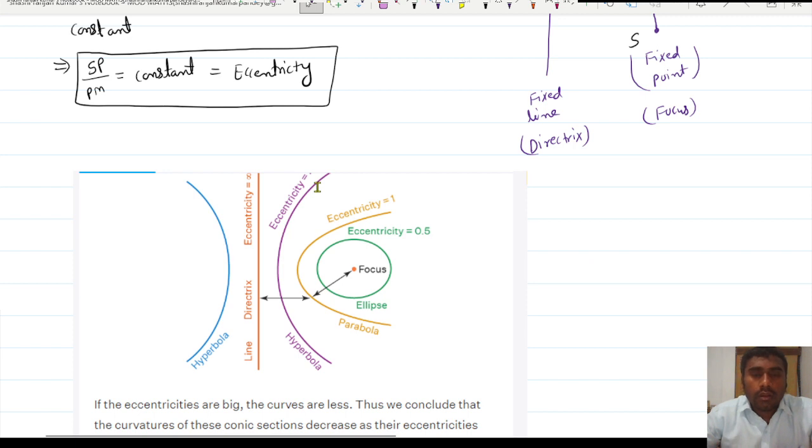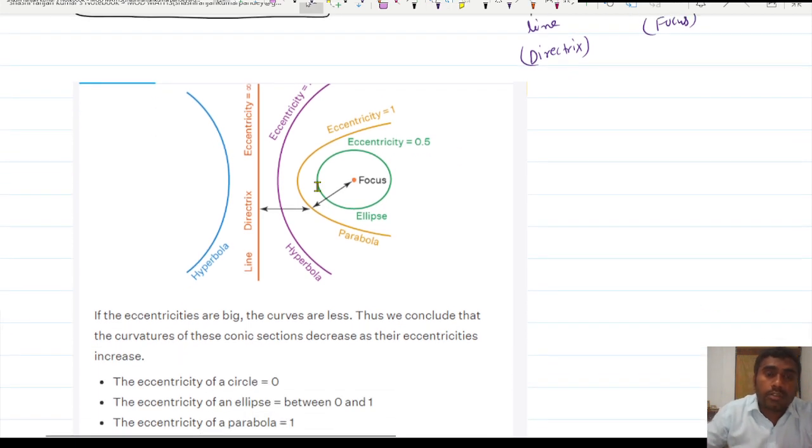Fine. So you can see in this diagram it is nicely shown what the eccentricity of different conics is. Circle is also one type of conic, right? So the circle has eccentricity 0.